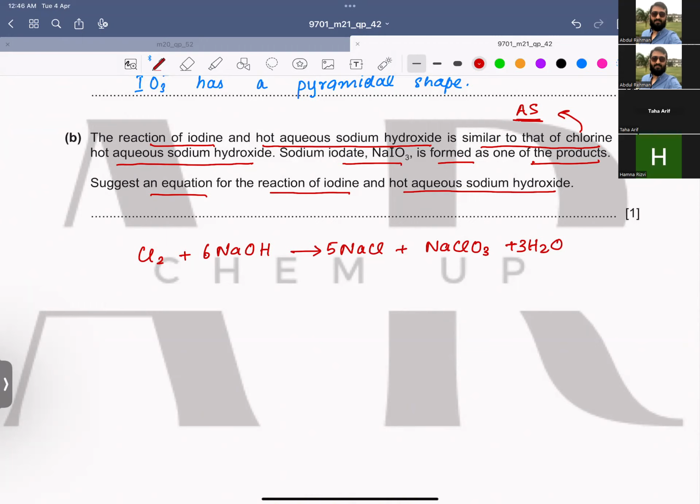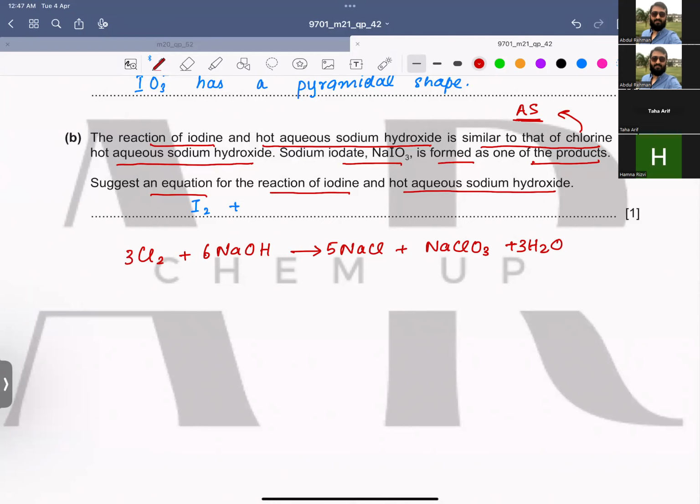This equation is present in your notes of group 17 from AS. So what you need to do is replace chlorine with iodine. I left one thing, 3 moles of chlorine as well.